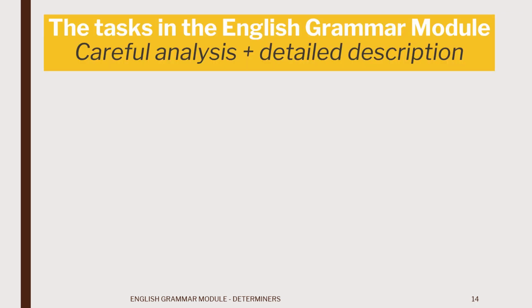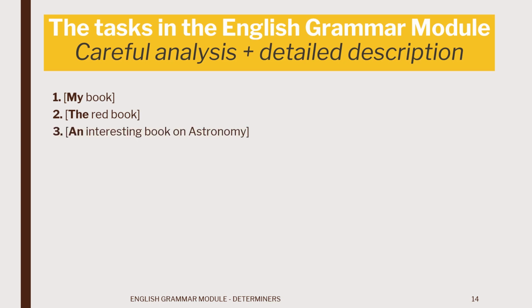You have already learned what determiners are and how determiners can be subclassified into different subtypes of determiners, and you have also learned how to use distributional criteria to help you describe determiners and determiner phrases. Now we are going to analyze 3 determiner phrases, the ones you can see on the screen: my book, the red book, and an interesting book on astronomy.